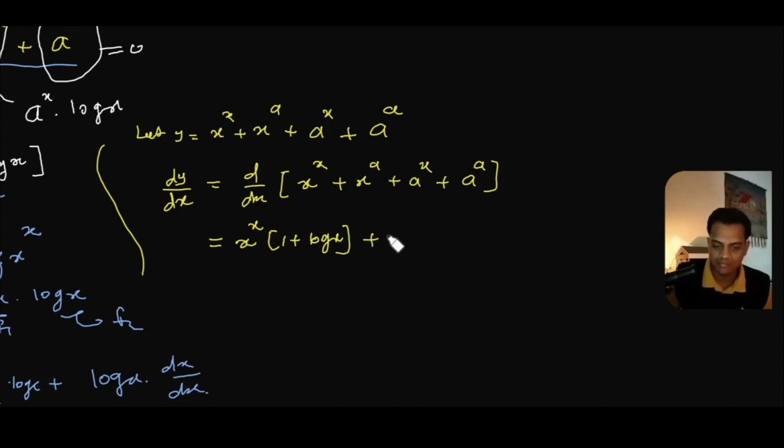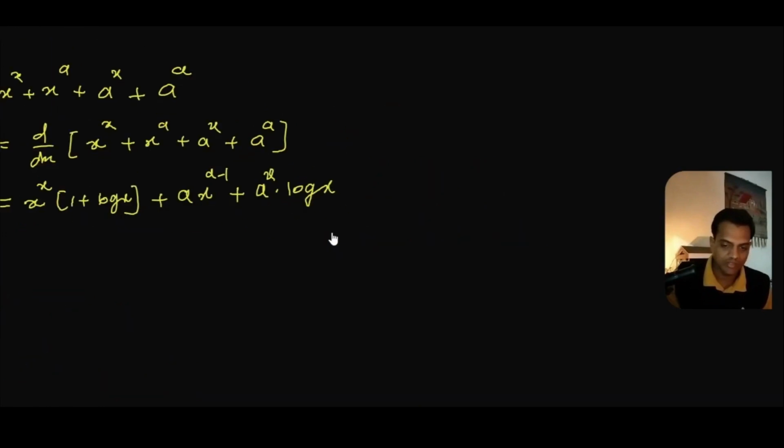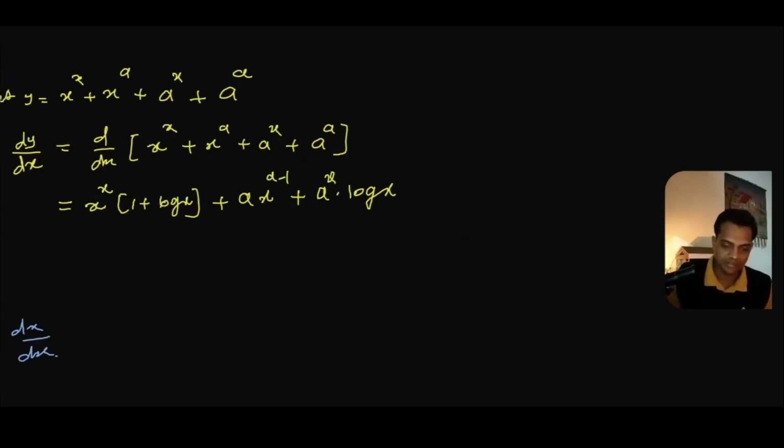The derivative of x raised to a: the power comes in multiplication, and the power will be reduced by 1. The derivative of a raised to x is a raised to x into log of a, and the derivative of a raised to a, which is a constant, will be 0.